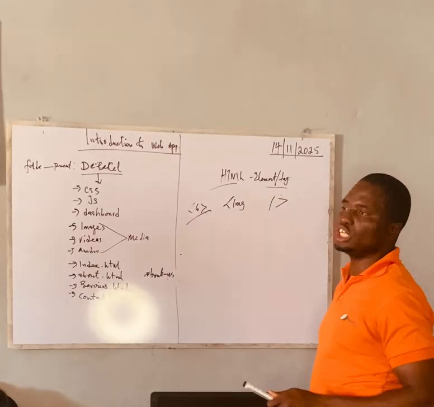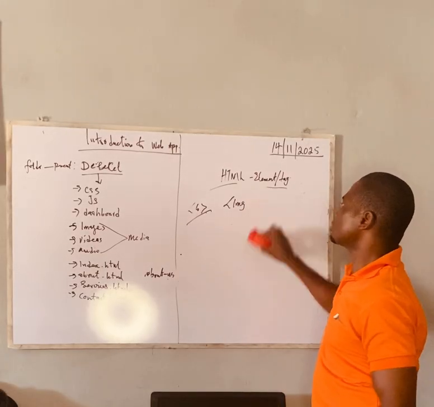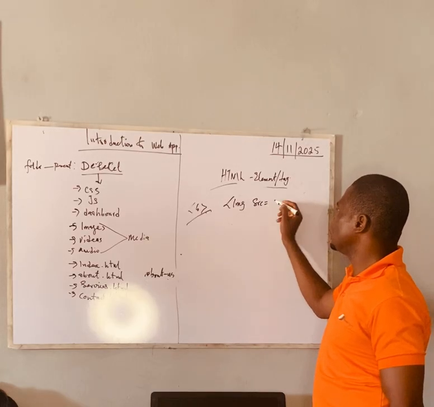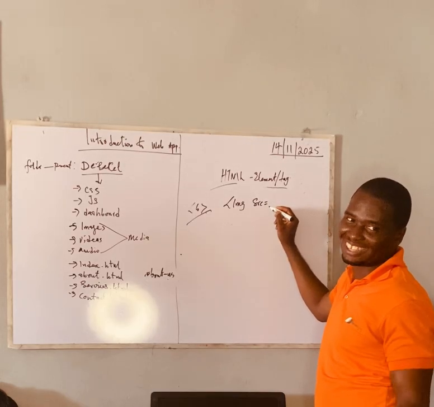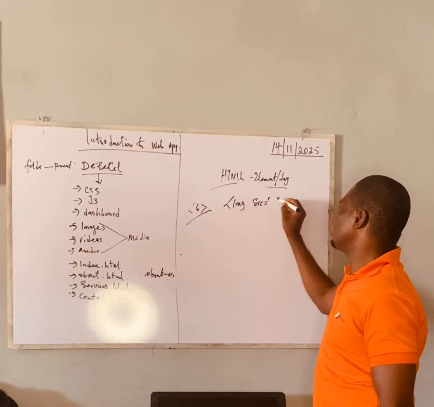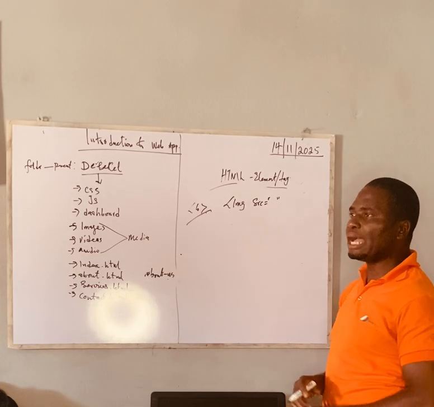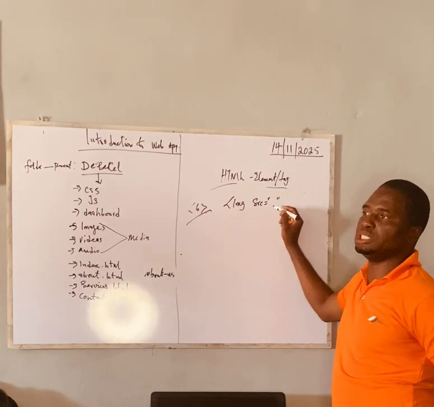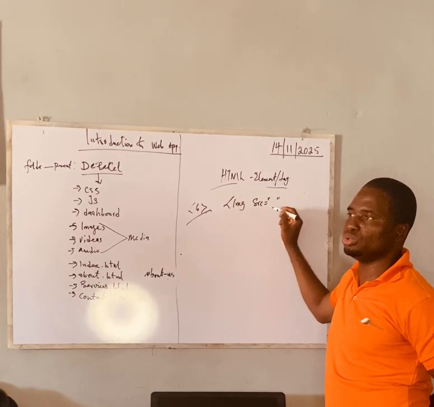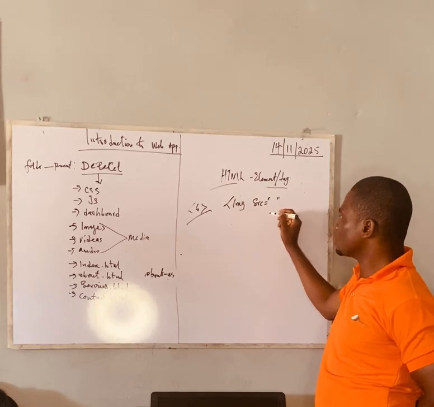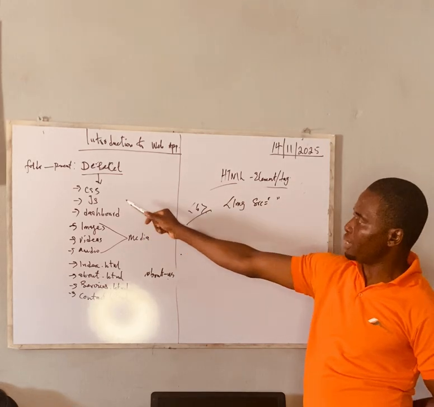The first one is the source, src. You don't say source like egg sauce. You like egg sauce, I know. So the source is the location of the image you are looking at. Are we together? Now, here is where you will have a challenge, if you don't know how to locate your directory. Remember what you have here.